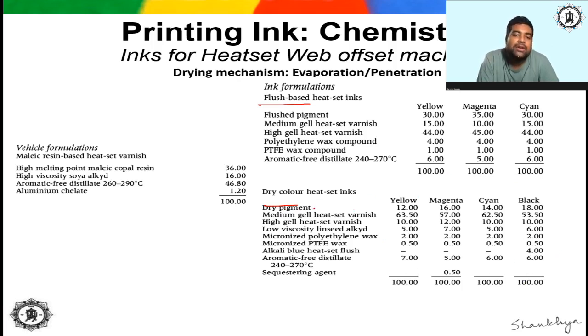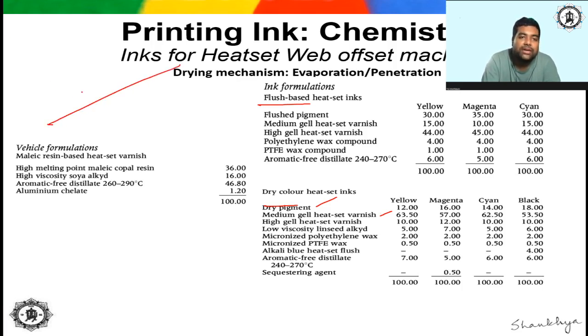First, in the dry color route, as we all know, we are using dry pigment, right? Then we have got medium gel heat set varnish. Before I talk about the formulation here, I just want to talk a little bit about the heat set printing process itself. It is a normal web offset printing machine, but after the web has been printed completely, it is made to pass through some heating rollers.